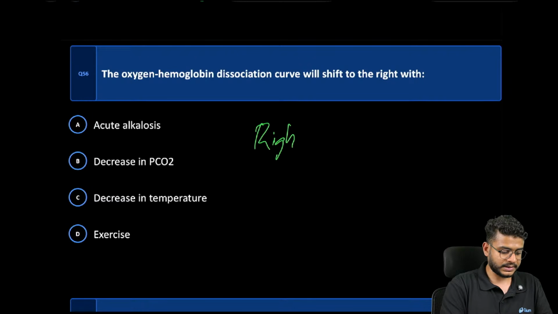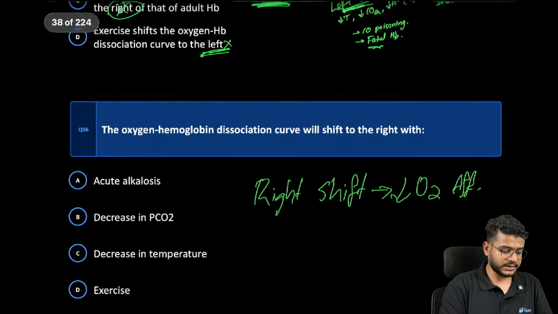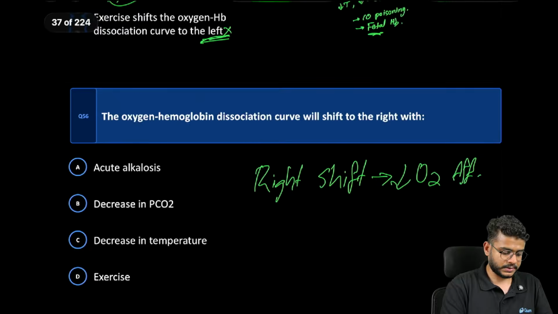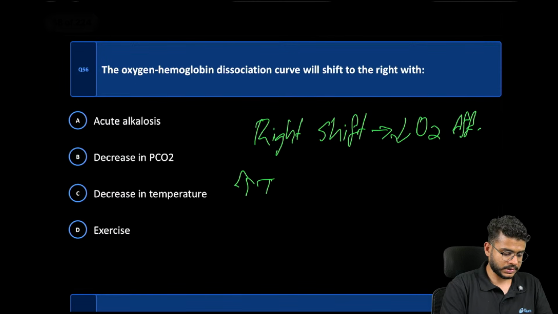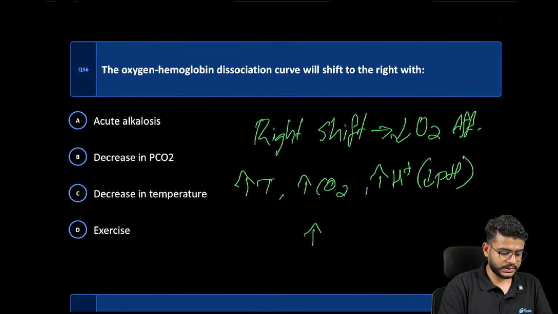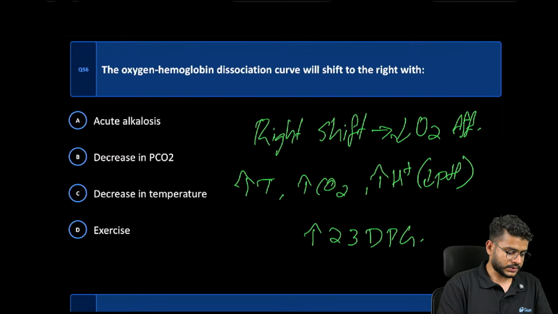Okay, next question, the oxygen hemoglobin dissociation curve will shift to right. Again right shift, as I said. Decreased O2 affinity, everything is increased here, right? Increased temperature, increased carbon dioxide, increased H plus or decreased pH, and also increased 2,3-diphosphoglycerate. Okay, so acute alkalosis, no, causes what?